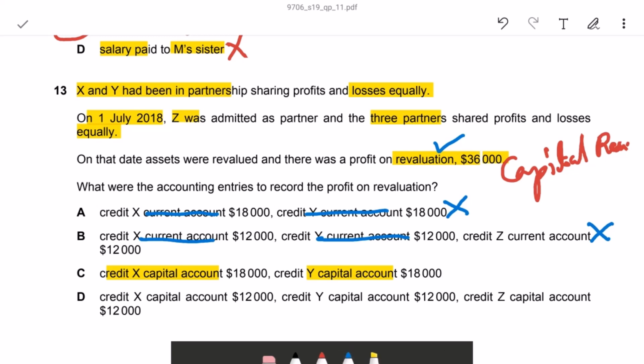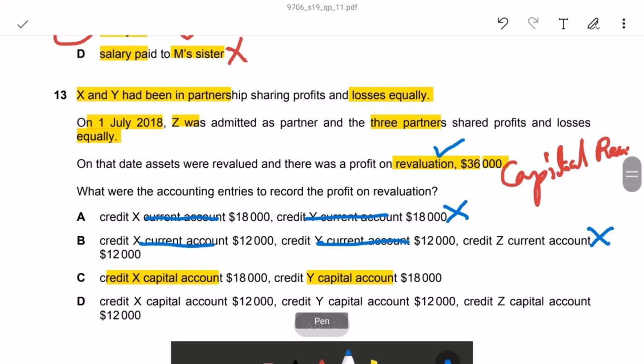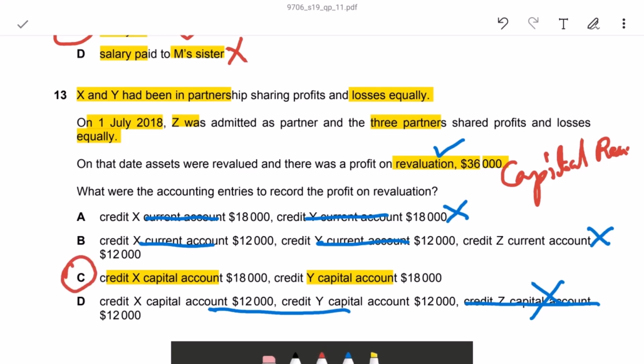Here Z is the new partner, so the business never shares the revaluation profit or loss with the new partner, only between the old partners. So the correct answer is C. Old partners are X and Y. It is the profit. It will be credited with the X capital account and Y's capital account.